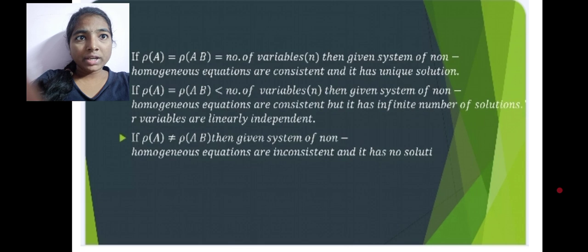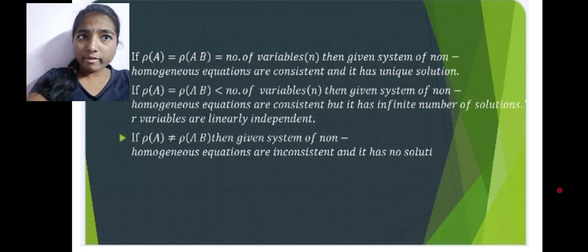See, we can have rank of A equal to rank of [A|B], but less than the number of variables, that is n.